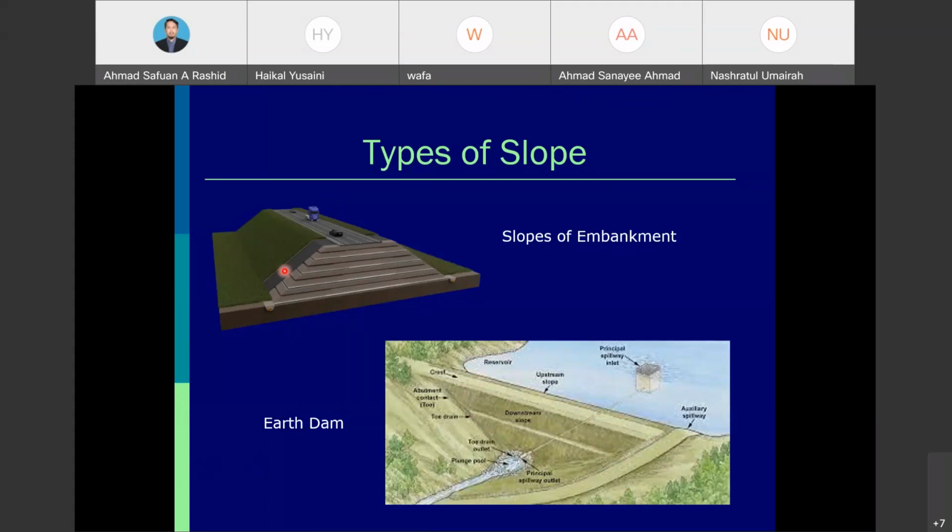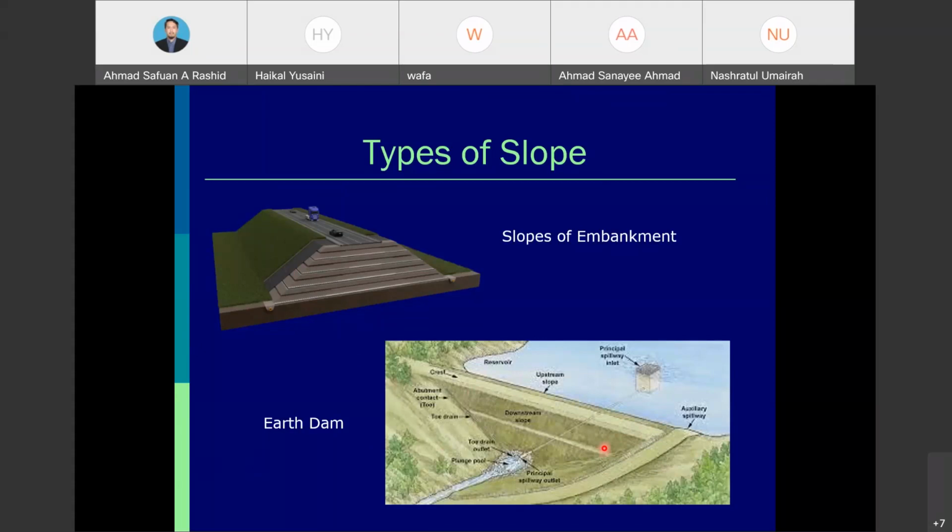When we call it an earth dam, it is made from soil. There will be another dam that is made from a concrete structure. So this dam is not as huge as a concrete dam.